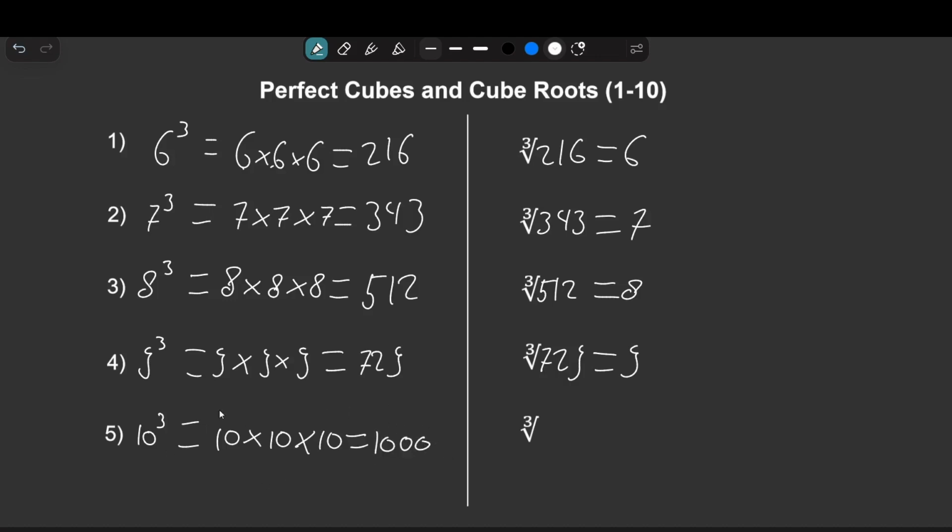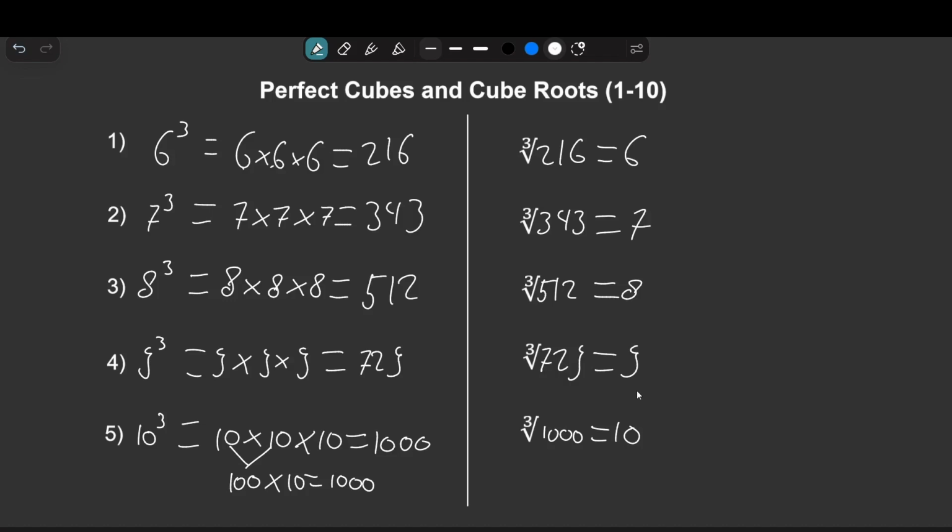So this one you can just remember in your head without calculating it, because 10 times 10 we know is 100, and 100 times 10 will equal 1,000. So now the cube root of 1,000 is 10. So this was the video on perfect cubes and cube roots from 1 to 10.